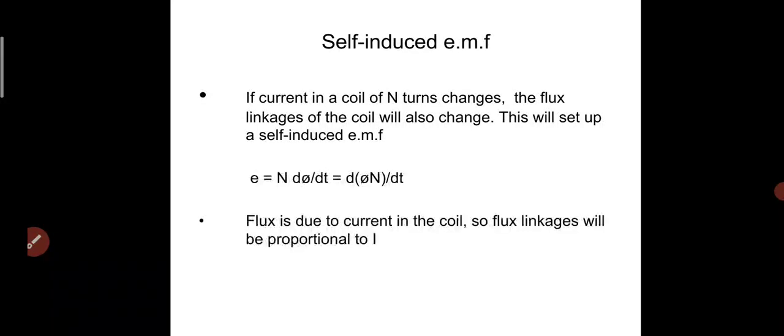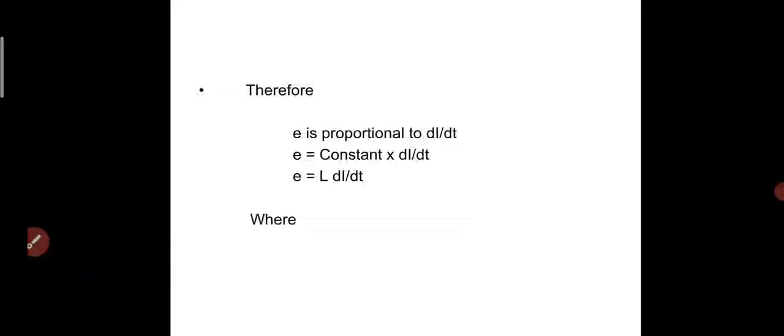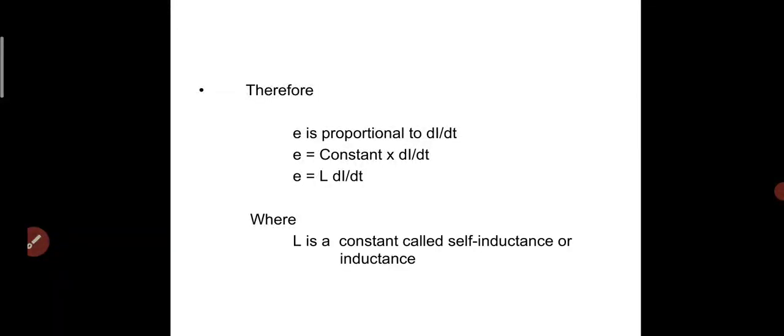Next point, the flux is due to current in the coil, so flux linkages will be proportional to I. Therefore, E is proportional to di by dt.